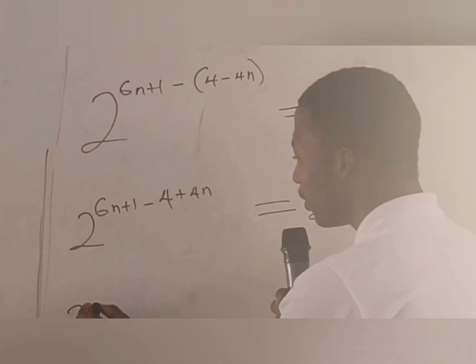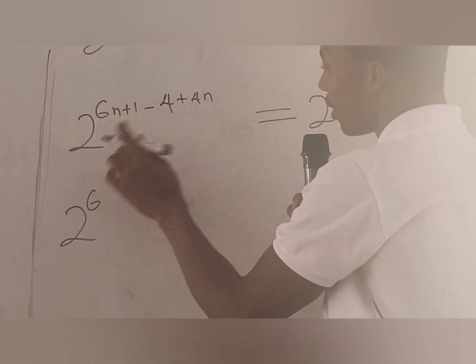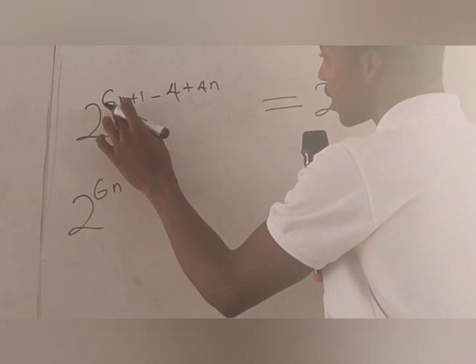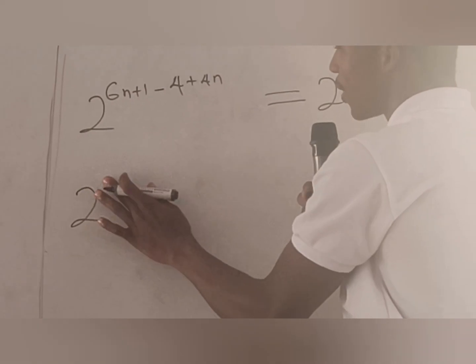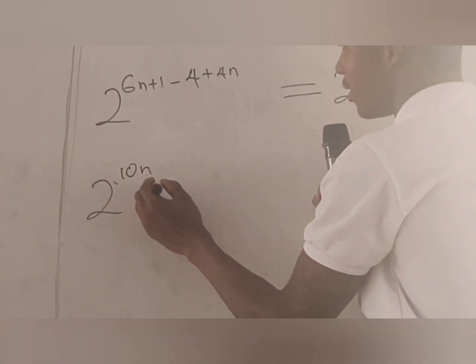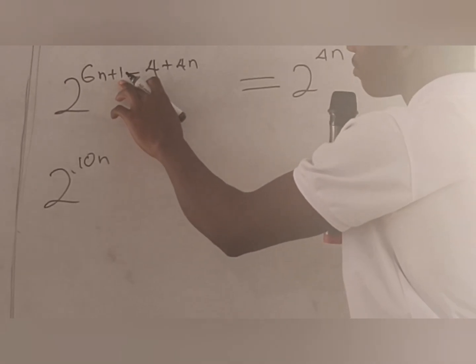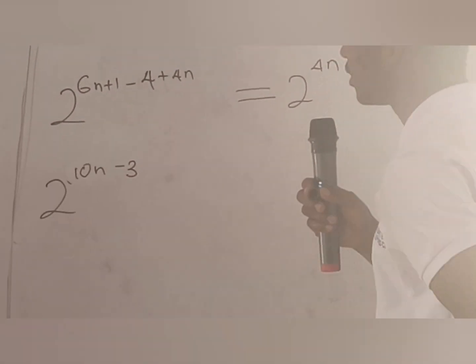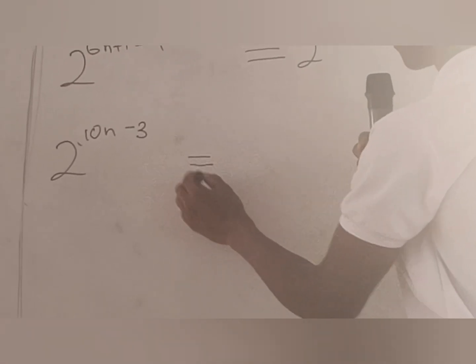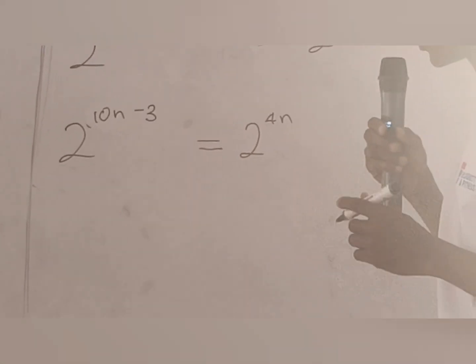We have 2 to the power, okay, we group the terms. We got 6n plus 4n will give us 10n. Then we have 1 minus 4, we have minus 3, is equals to 2 to the power of 4n.